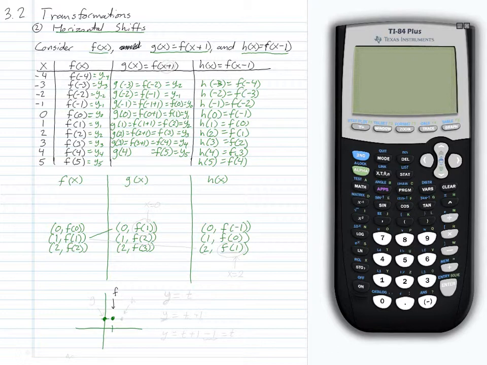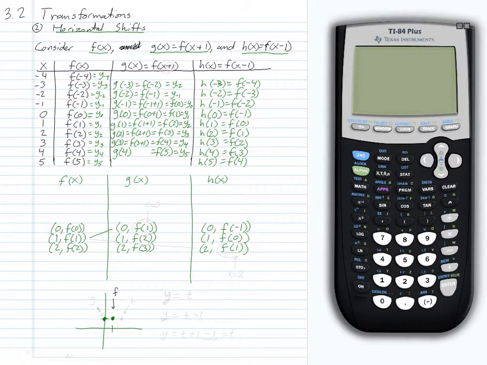So adding 1 inside of the function, adding 1 to x before the function gets a chance to act on it, results in a horizontal shift. And in fact, it results in a somewhat counterintuitive horizontal shift in the negative direction.